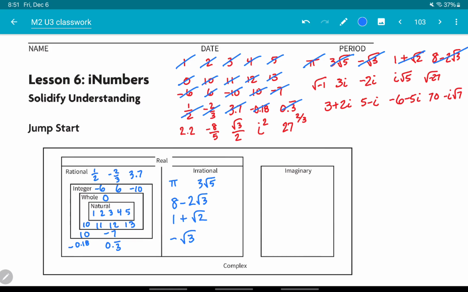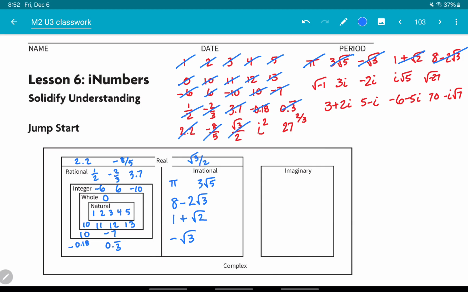Now, any number that is either rational or irrational would be classified as a real number. So real numbers can include things like decimals. So we could put 2.2. They can have things like negative fractions, -8 over 5. They could have things like square roots, square root 3 over 2.